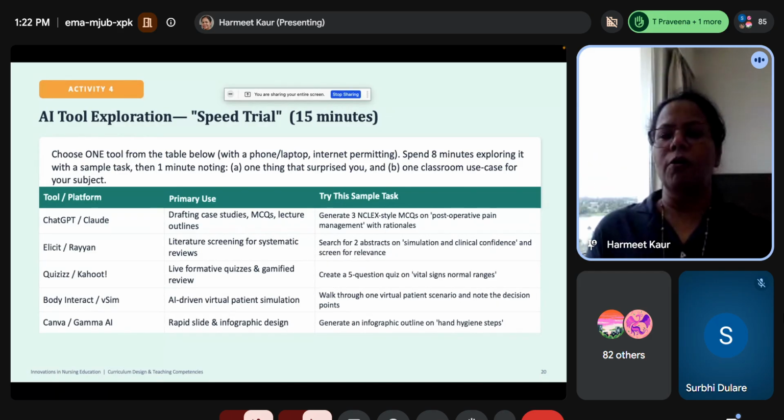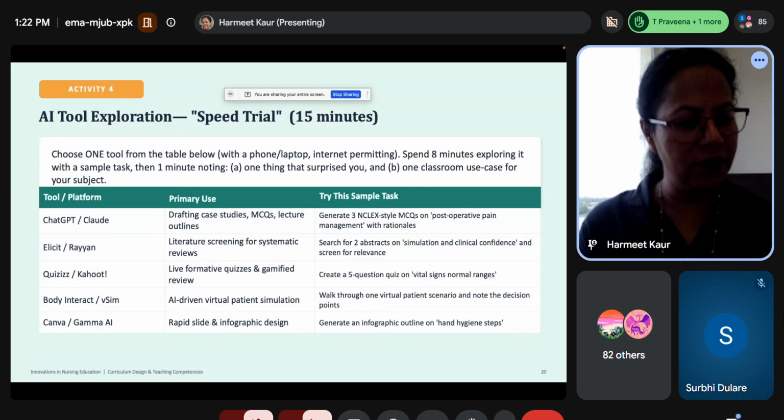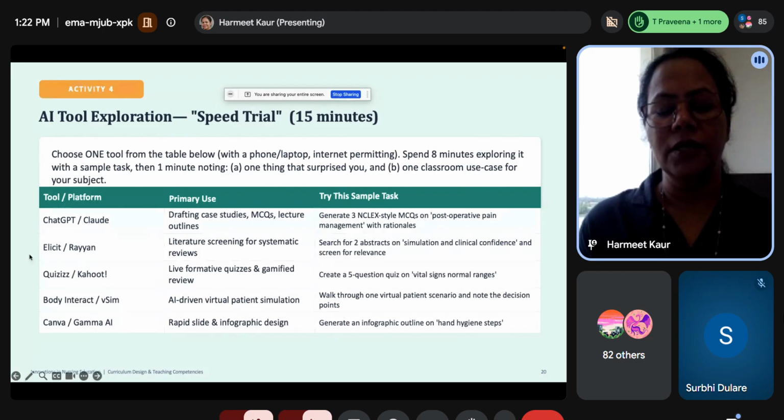You can give a good prompt. Whatever output you get will depend upon your prompt. If you give it a clear prompt, it will give you a very good output. You can even prepare your MCQs, but please check them fully. And even your lecture outlines you can prepare.